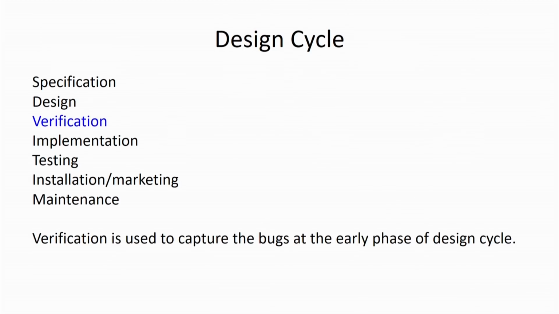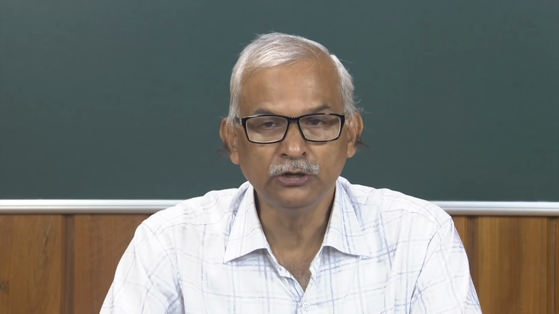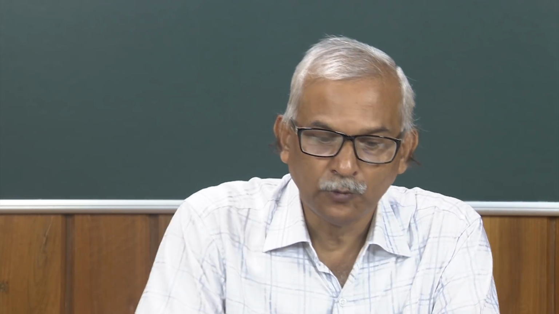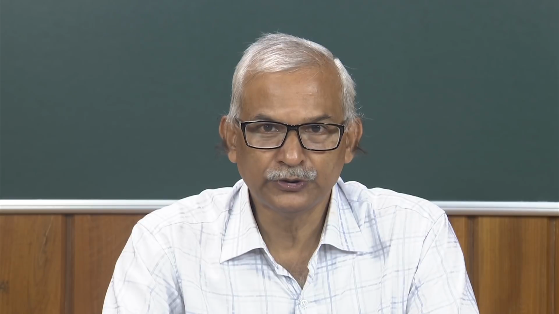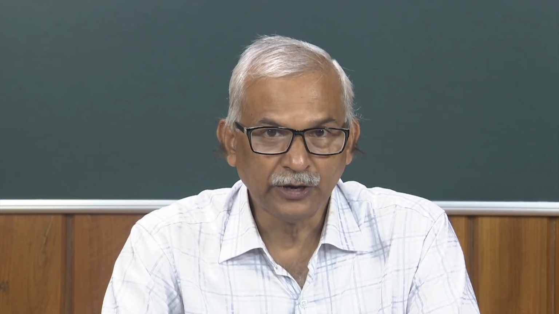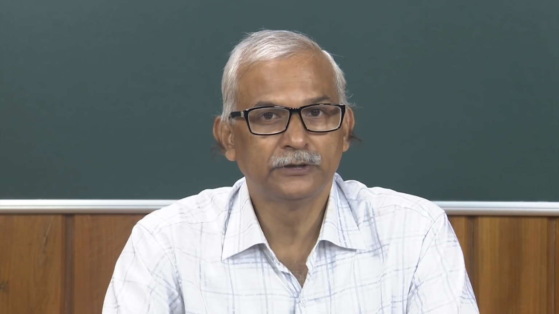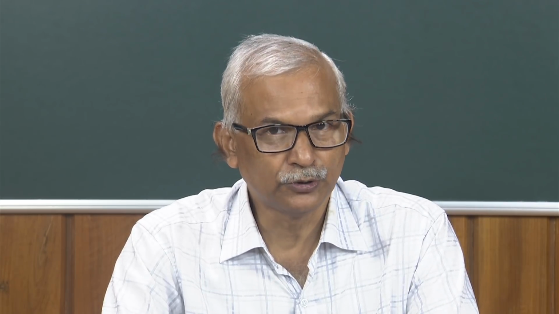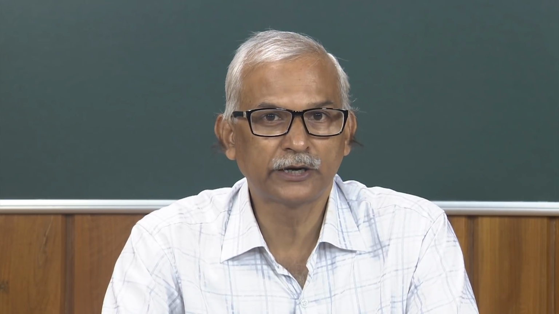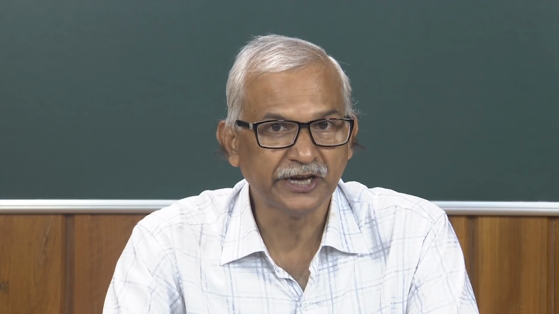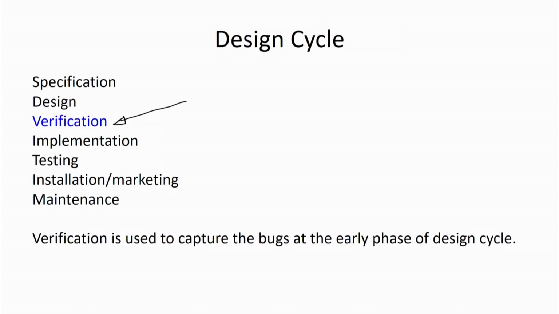For that, in the design cycle we have incorporated one more step, which is known as verification. In verification, we check whether the design we come up with is going to fulfill the requirement. We do this at the abstract design level. What components are required and what things are needed for the verification part, we are going to discuss in this series of lectures.